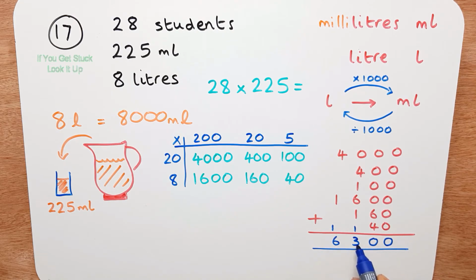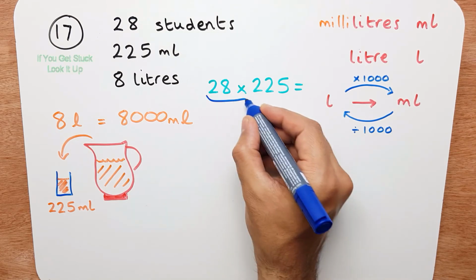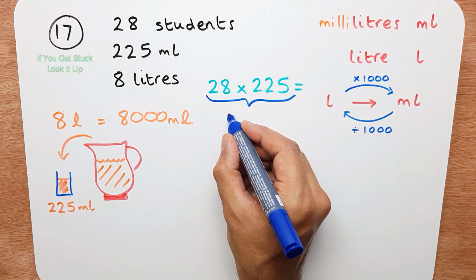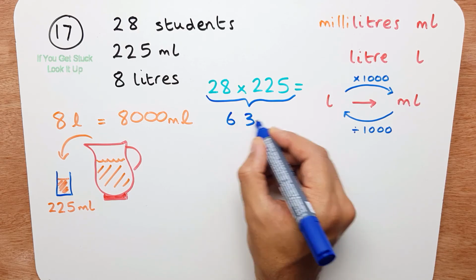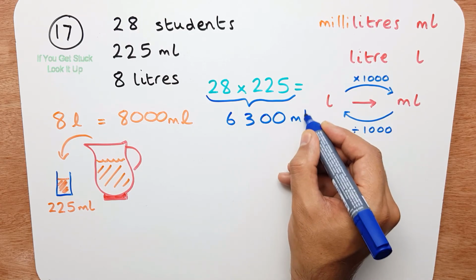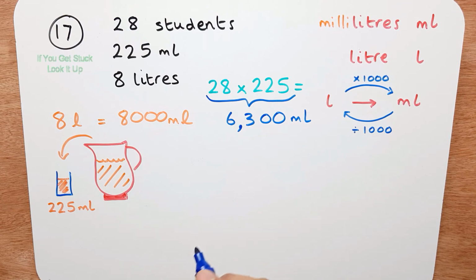1, 2, 3, comma. So this is thousands. So it's 6,300. So in total, the students have drank 6,300 milliliters. Let me just put a comma there.